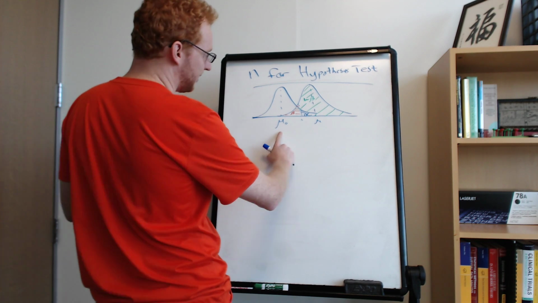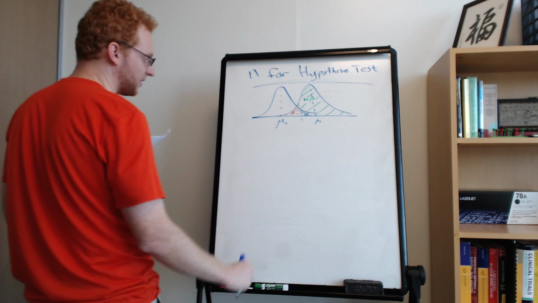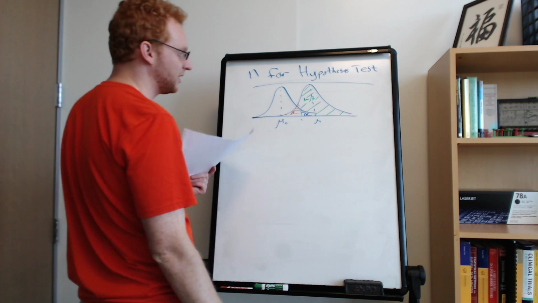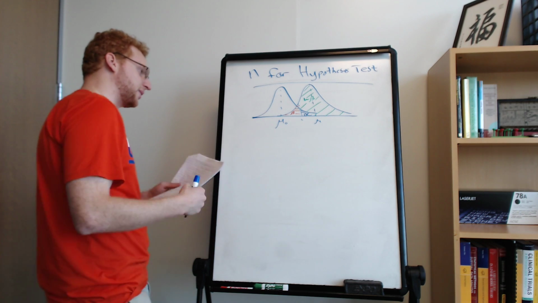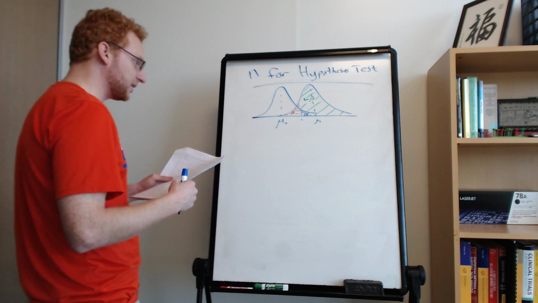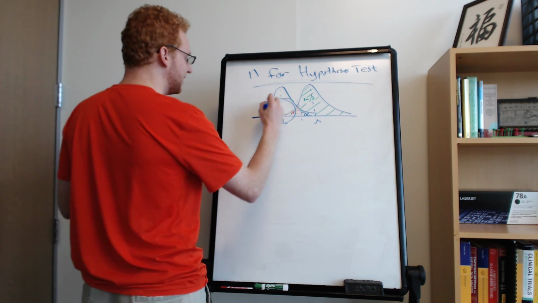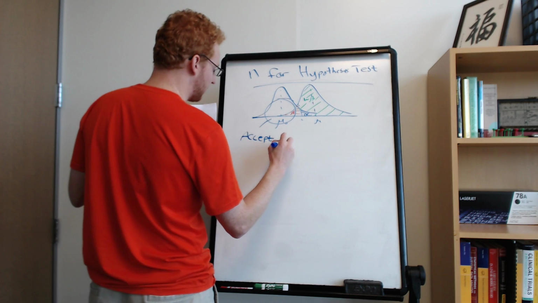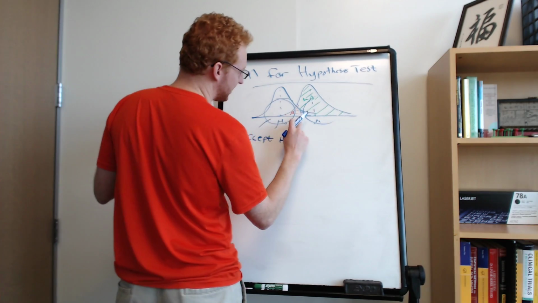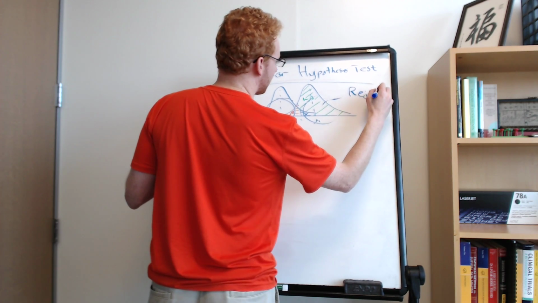If the observed sample mean exceeds some critical value C, then we reject the null and we conclude the alternate. And if it's less than C, then we fail to reject the null. So that creates two regions. If it's less than C, it's called the acceptance region. So I'll just write accept. And if it's greater than some value C, this is the rejection region.